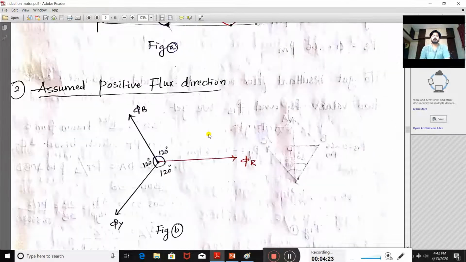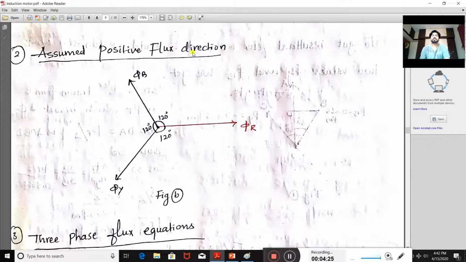Next I have drawn the assumed positive flux direction, as we have seen in the phasor diagram of three-phase AC supply. This phi r I have drawn in this direction; I have considered this as a positive direction. If you want to draw the negative direction of this flux, it will be exactly opposite to phi r, so you can draw it on this side.